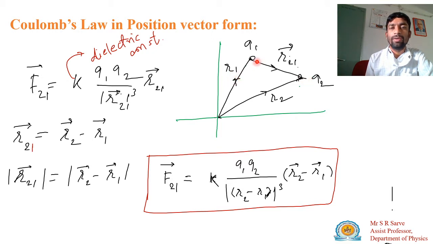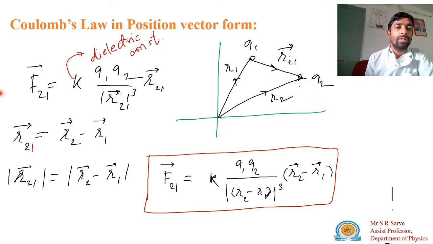Here r1 is the position vector of charge q1 and r2 is the position vector of charge q2, and r21 is the direction of the position vector from q1 to q2. It gives the position of charged particle q2 with respect to q1.